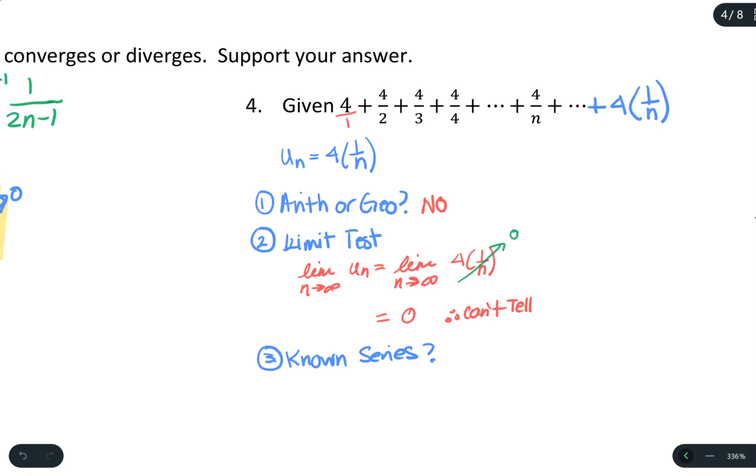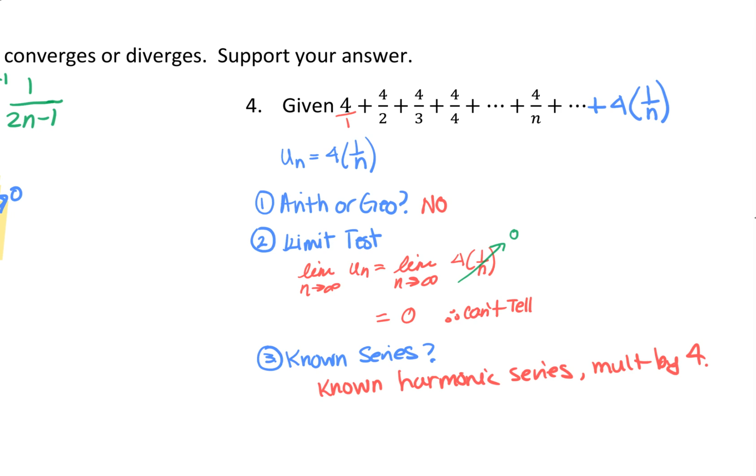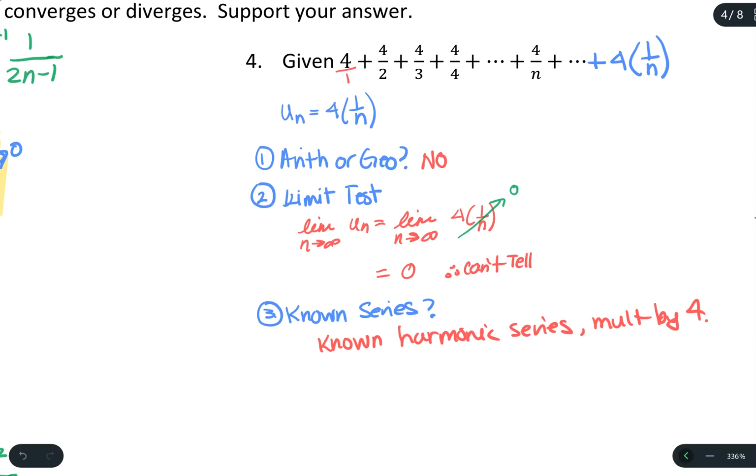Yes, it is a known harmonic series, but then it's multiplied by 4. And that's okay because the theorem above, I think theorem number 5, says that if we multiply a known series by a constant, it's going to do the same type of converging or diverging.